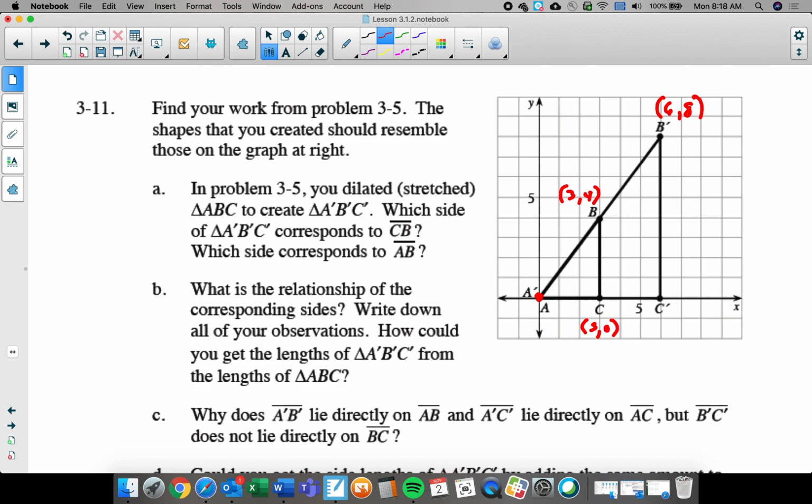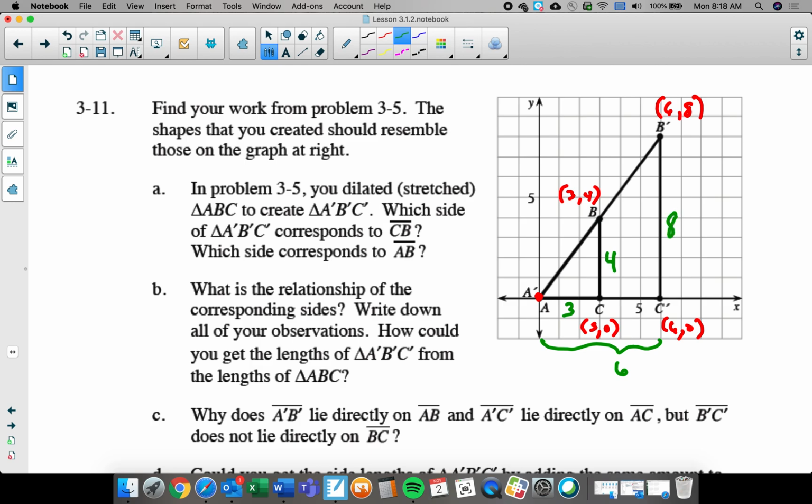C prime has the coordinates 6, 0. Okay. And then if we go through and we take a look at side lengths, that means this length is 3. That means this whole length right here for the bigger triangle is 6. This height right here, this triangle, is 4. The height of this bigger triangle is 8.